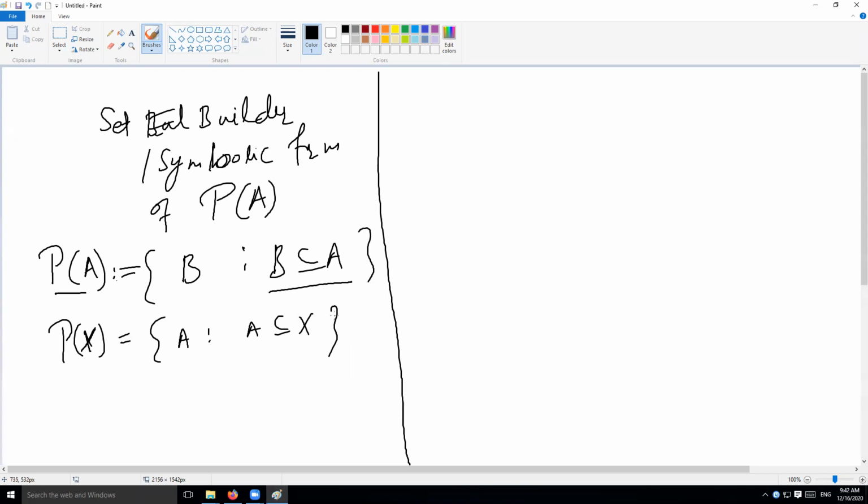Now let me prove an interesting theorem actually. I want to prove a theorem about power sets, which is a very interesting theorem. It says that imagine you have two sets A and B, two sets.